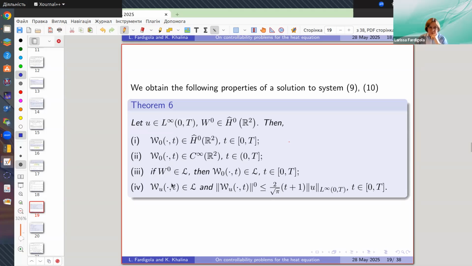And if W0 belongs to L, so if it has a representation through modulus of x square, then the solution has the same representation. We also have that the second part of our solution belongs to L and has the following estimate.